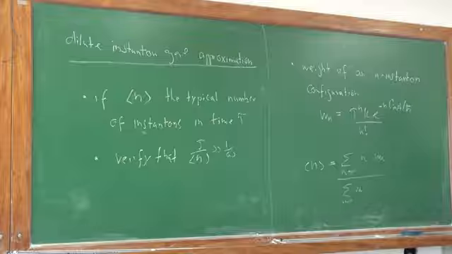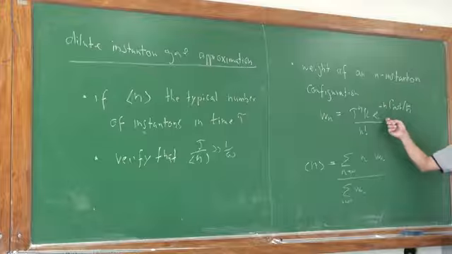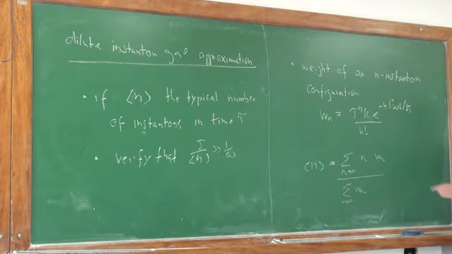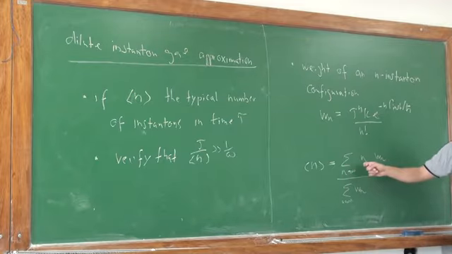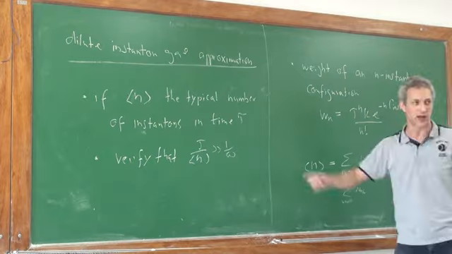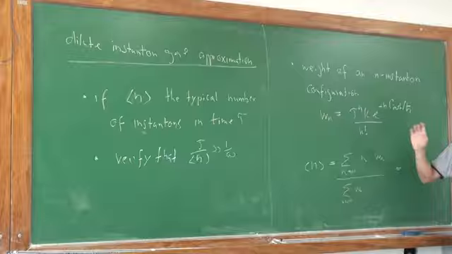So this will give us the estimate of the typical number of instantons, noting that this gives us the statistical weight of an n-instanton configuration. Okay, and this is just an observation. Now, to calculate this, we can anticipate, or verify later on, that n should be a large number. That's what we expect if omega times tau is larger than 1. So if it's a large number, let's not care so much about factors of 2 or whatever.